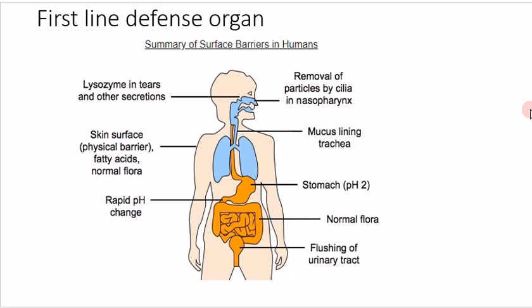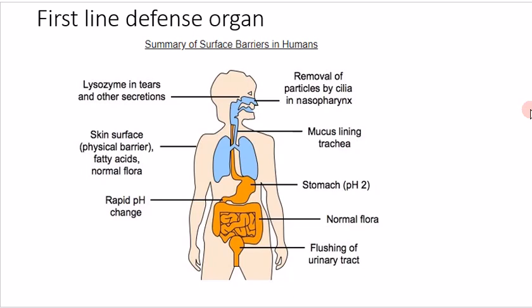Then the skin, on other parts of the body, we have the skin which will really protect us from the entry of any germs. Now, in case it has entered along with the food, when you eat, sometimes we wash things, sometimes we don't wash. Even if you wash, there will be a lot of bacteria and germs, and they enter along with the food.